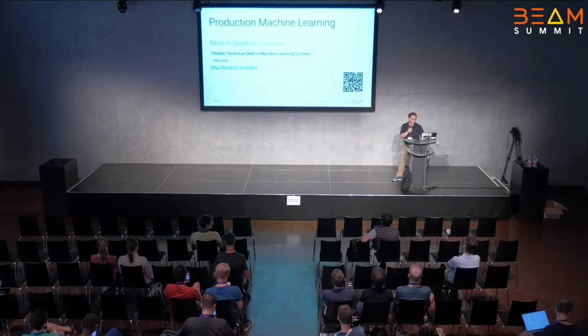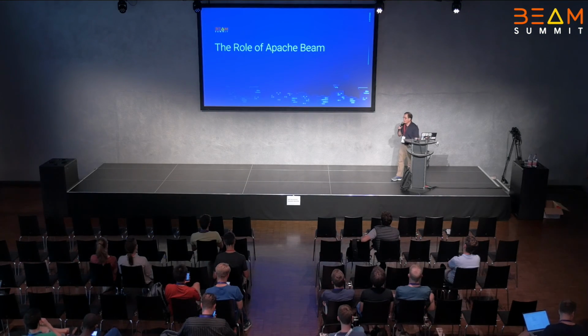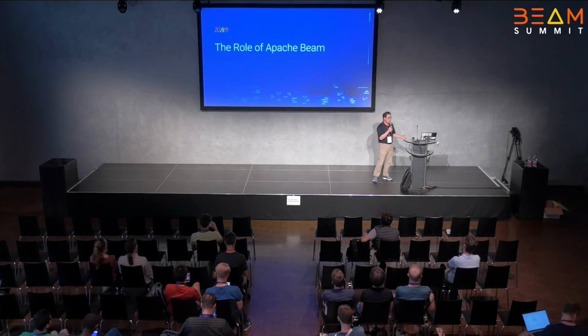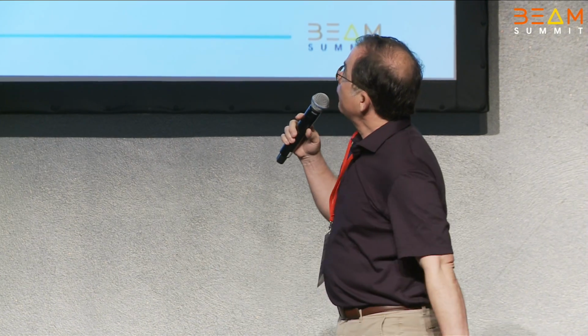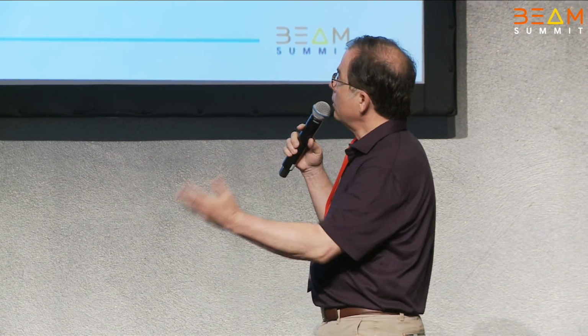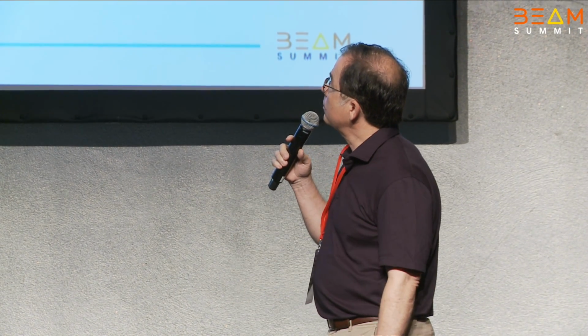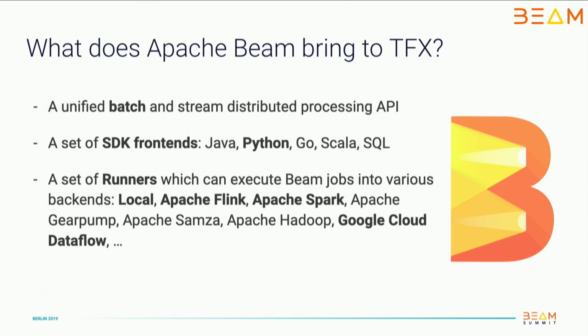Great paper. So the role of Apache Beam in TFX is extremely important. Really, without Beam, we wouldn't have an open source TFX. So first of all, Beam gives TFX a unified batch and stream distributed processing API, because distributed processing is extremely important to the kinds of things you need to do in a production, scalable, really petabyte scalable system.